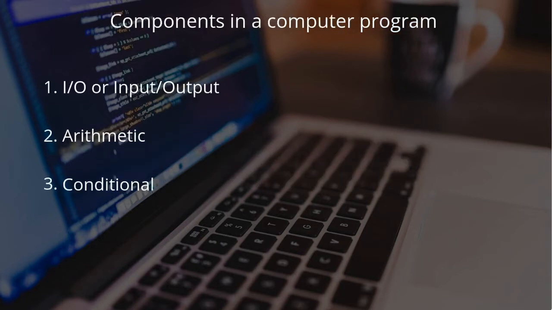Now we will talk about components included in a computer program. It may or may not be necessary that every program includes all these points, but a modern and sophisticated program includes all of these. First one is I/O, or simple input-output. Second is arithmetic, or mathematical calculations performed in a program. Third is conditional statements.